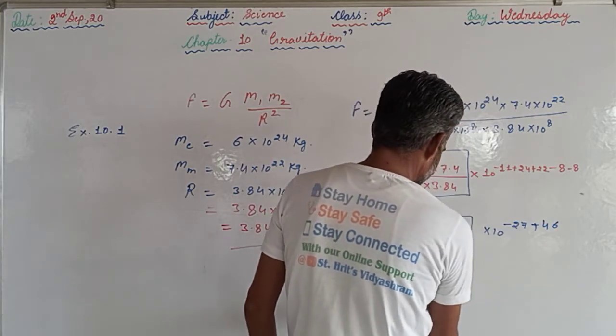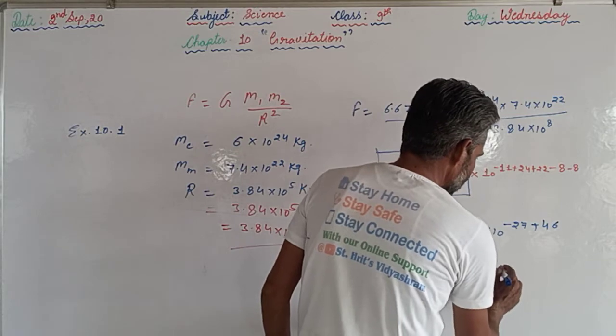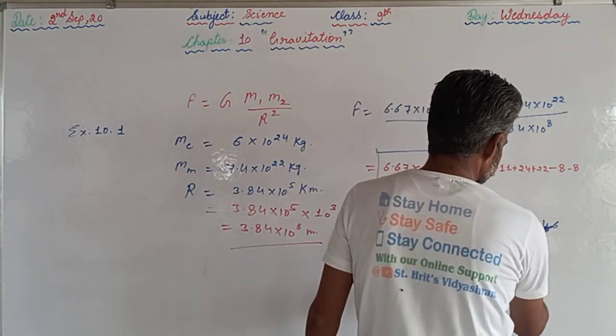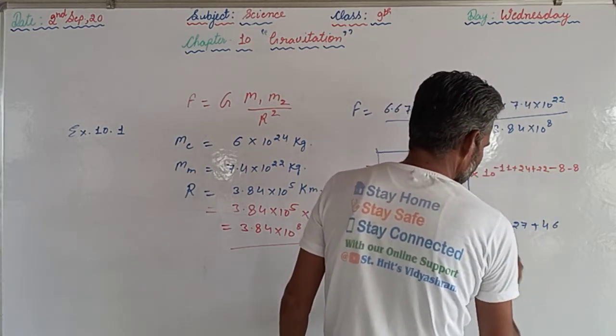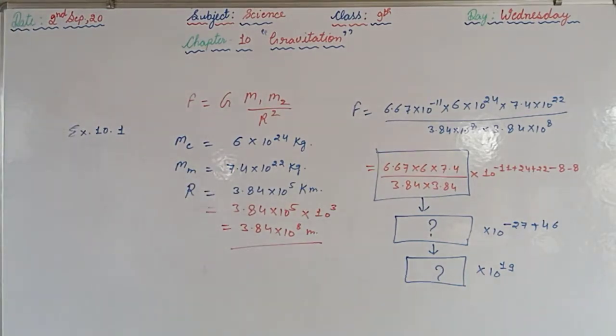So that can be written as 10 raised to 46 minus 27, that is 19. So 10 raised to power 19 we will find in the answer.